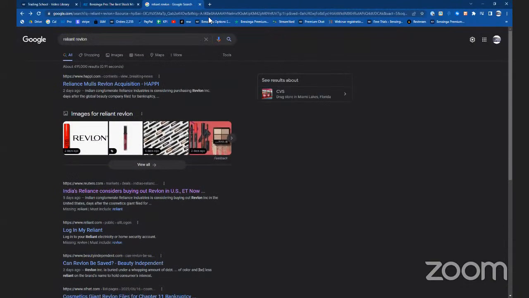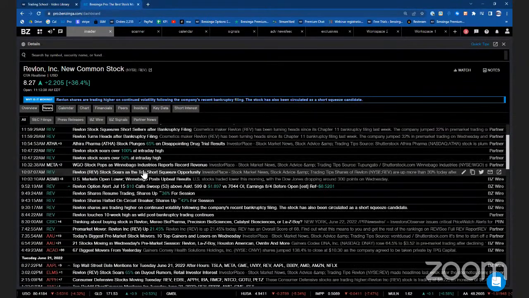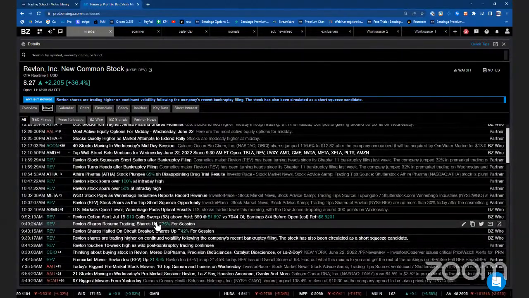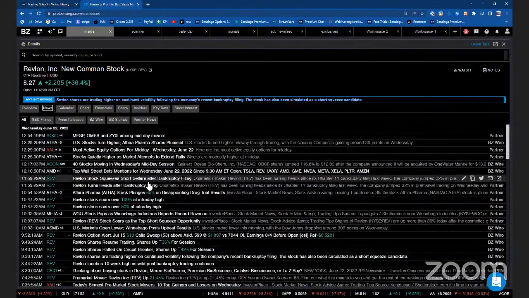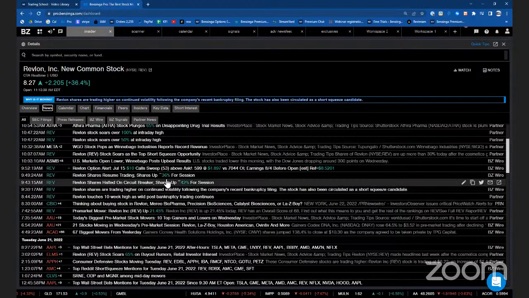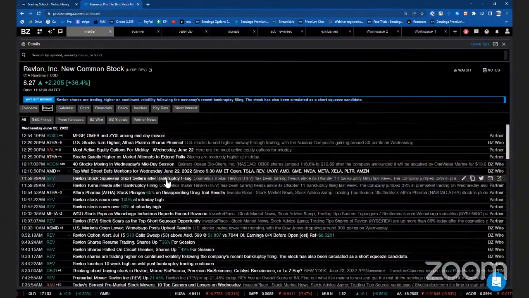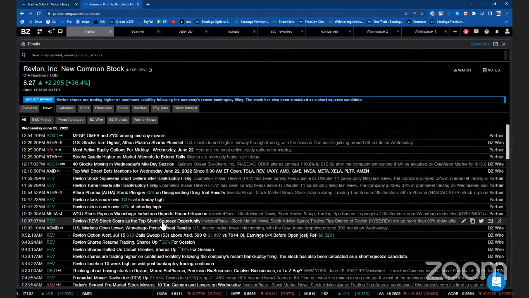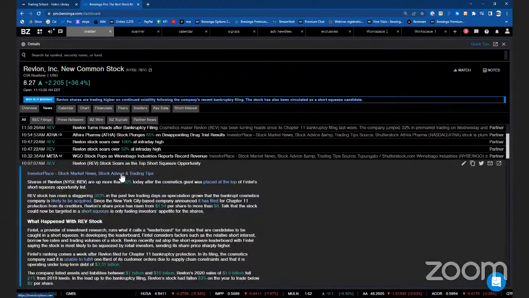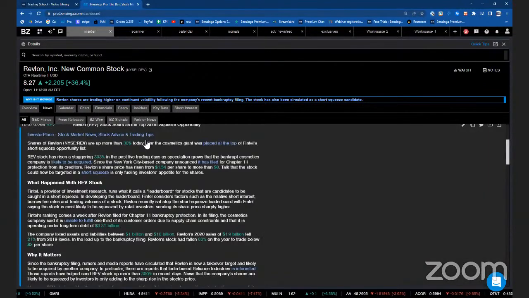I don't know, but if you want to have everything available to you, all you have to do is literally, in your Benzinga Pro, you have it all there pretty much, right? And it looks like there's some sort of short squeeze here. Benzinga Pro will pretty much gather all this data for you. So basically it says it was placed on top of Fintel's short squeeze opportunity list.